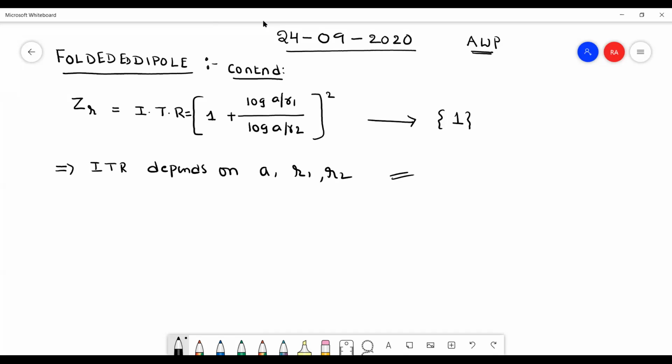So this method is specially suited when matching is done with low impedance antennas, because the radiation resistance of these antennas is very low. The required ratio of the conductor radius to give the desired impedance ratio can be obtained graphically.